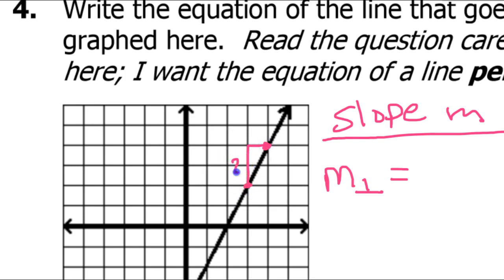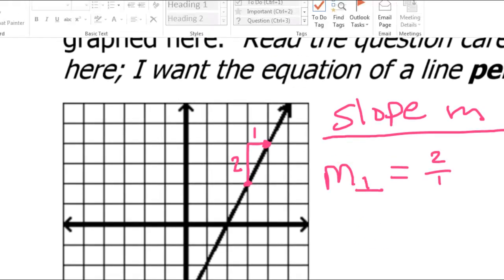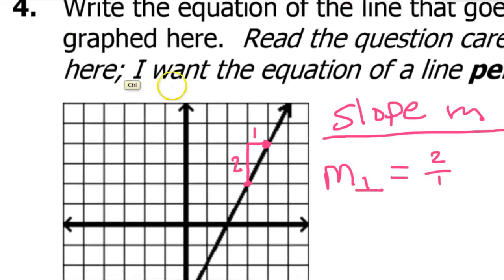That's 2 over 1. Okay, so the slope of this perpendicular line is 2 over 1, which normally I would just say 2. But I'm going to say 2 over 1, especially because when I have a perpendicular line, I know that the actual slope that I'm going to use, the slope of the line that I want, is going to be opposite and reciprocal to this.